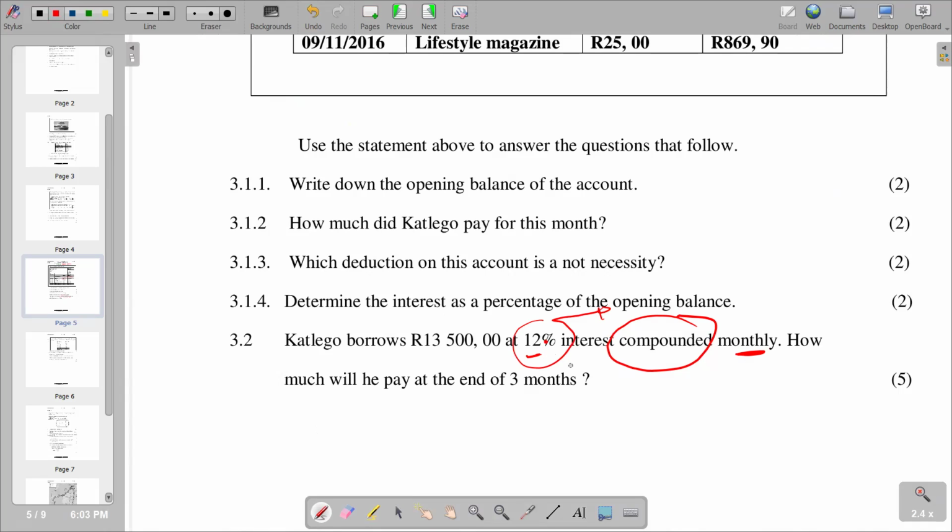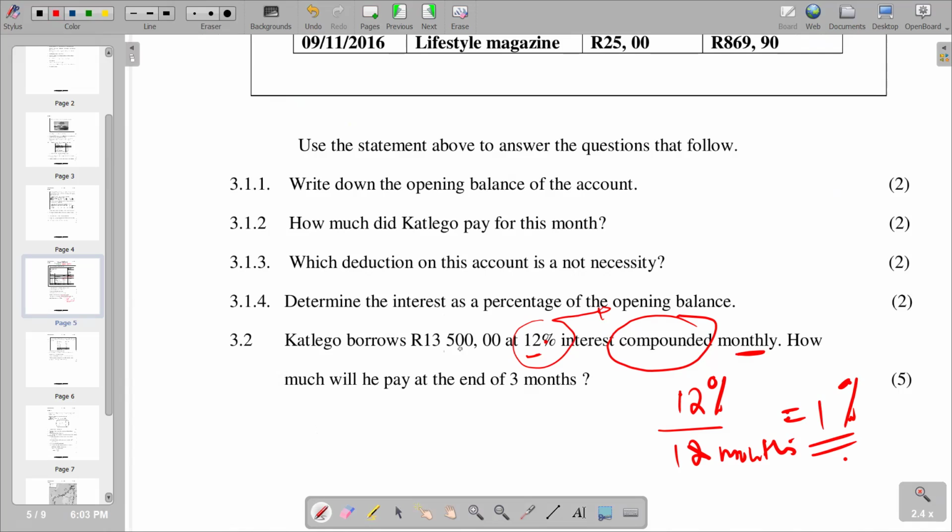So we first have to convert our annual percentage of 12% to one month. Our 12% represents 12 months, so we divide by 12 months, and per month it becomes 1%. So we are going to deal with our 1%. For the first month, you say 1% of 13,500.